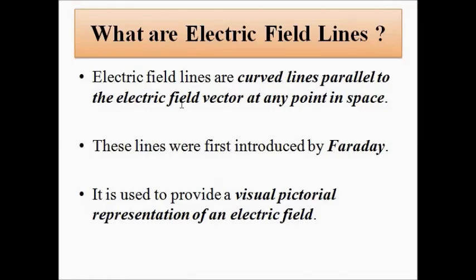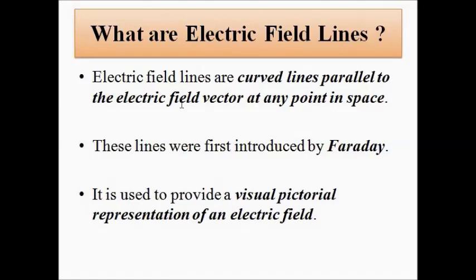These electric field lines are actually curved lines, parallel to the electric field vector. Actually, the electric field vector is tangent to these curved lines, and they can be drawn at any point in space where the electric field exists.